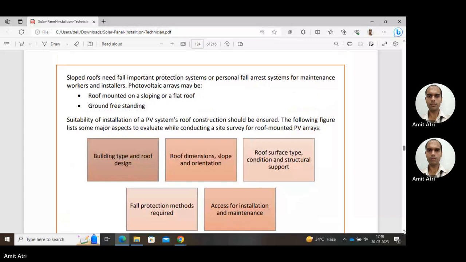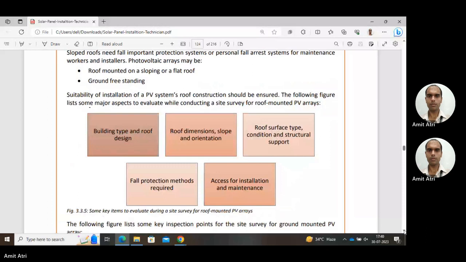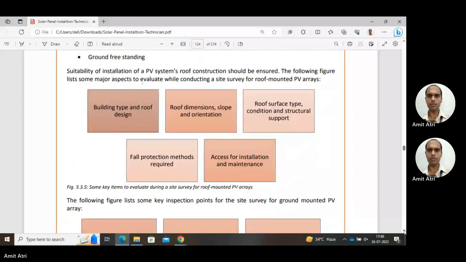The figure shown here indicates the major aspects to evaluate while considering the site survey for a PV array. First, building type and roof design: which type of roof and which type of building it is.